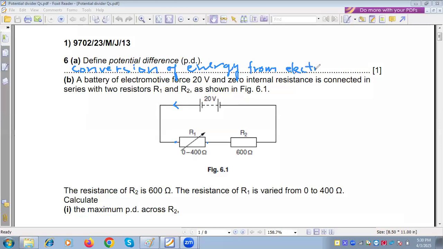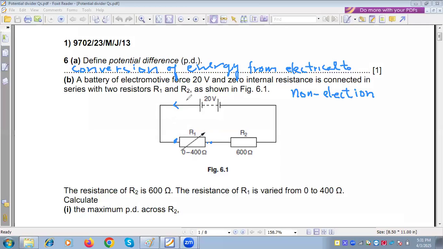From electrical to non-electrical, or energy used by charge when it passes from one point to another point. This point is of higher potential, and here it uses the energy, so this point is of lower potential.